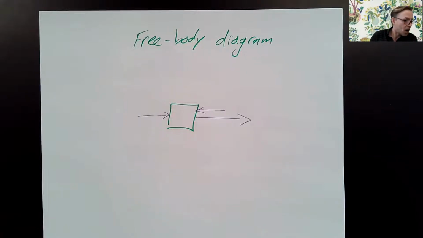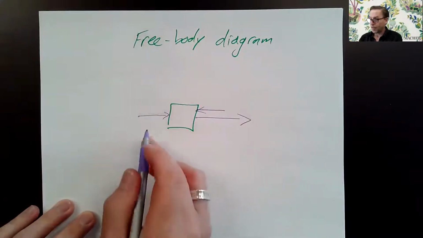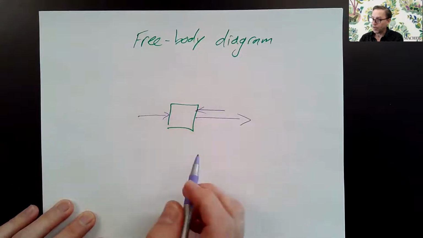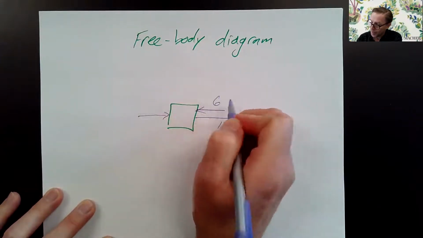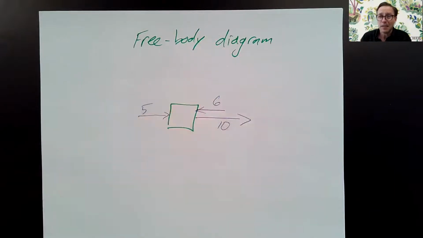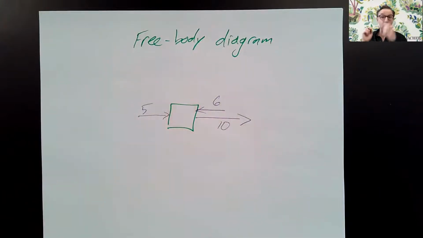Let's talk about the unit for force. So I want to label these, but I realized, if I want to label this one 10 and this one 6 and this one 5, those 10 what? 10 force units, 6 force units, 5 force units. So let's talk about the unit for force.